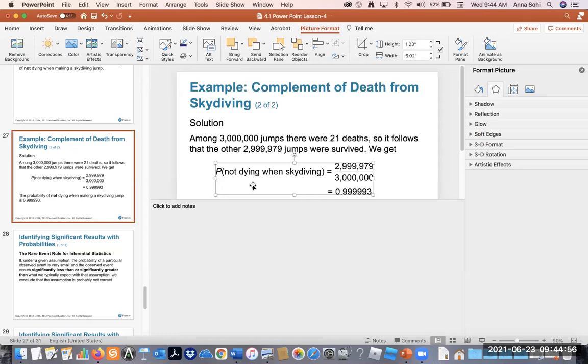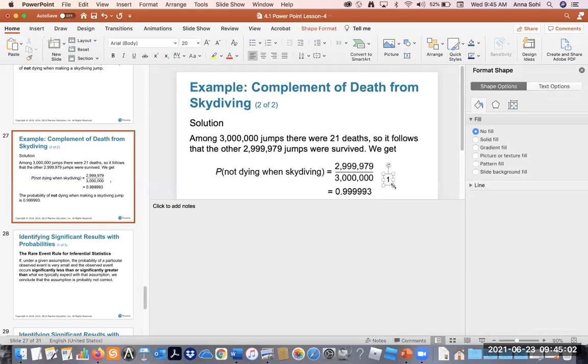So if I was doing 1 minus 0.000007, I would get the same number. Do it on your calculator. So say 1 minus 0.000007 and see if you get this number.